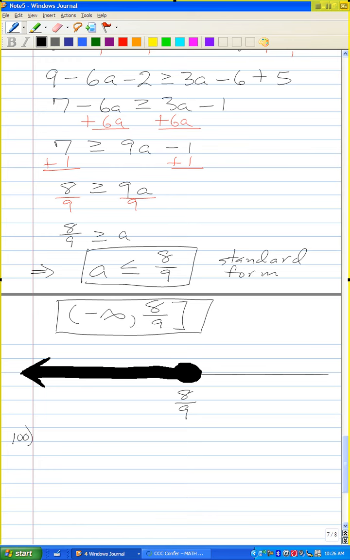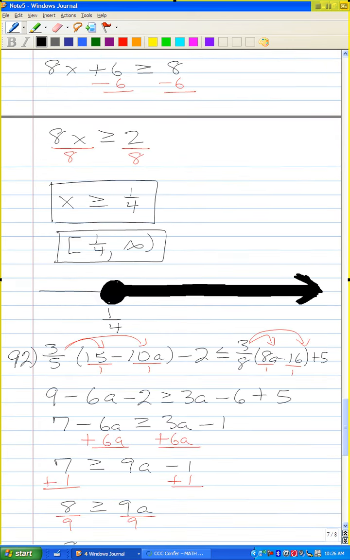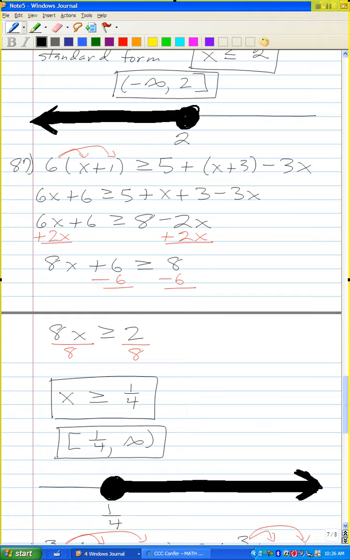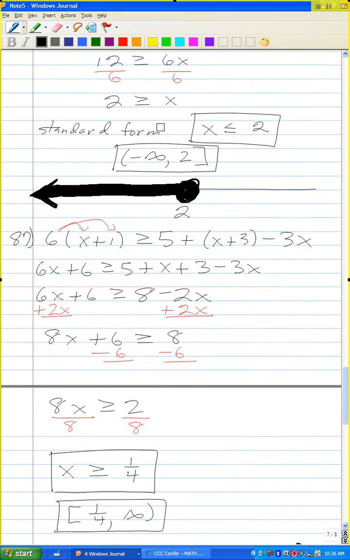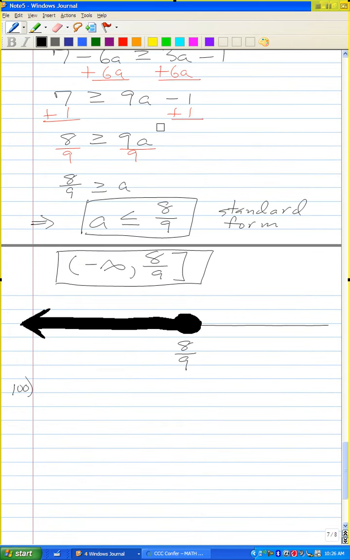So you always want to write this in standard form. That's why I had to switch these around, because I want these in standard form. I divided both sides by the positive number.